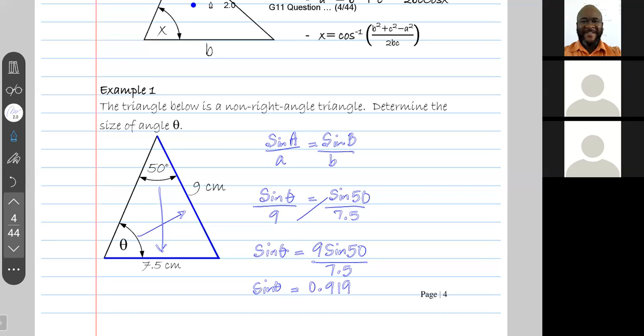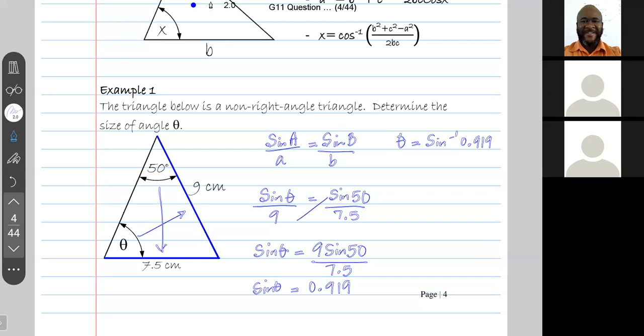Now, if I know the sine of an angle, to find the angle, I must use sine inverse. So theta would be equal to sine inverse 0.919. So to get the answer, I'm going to go shift or second function.